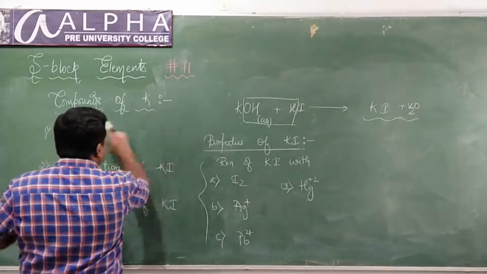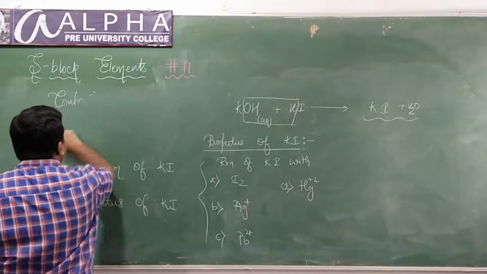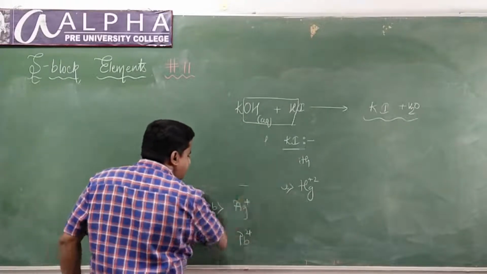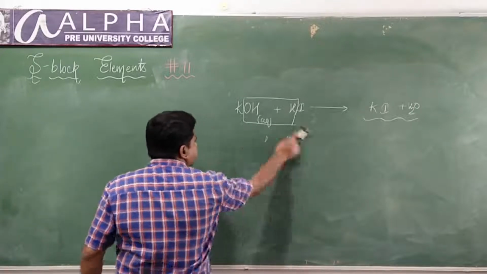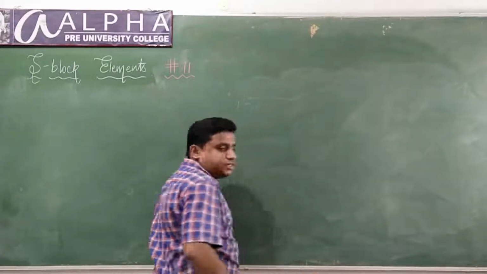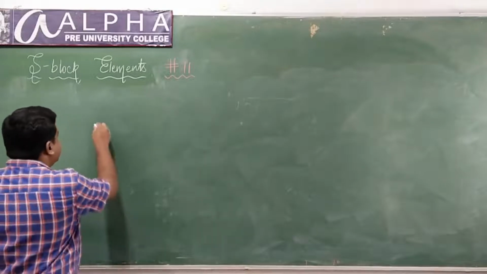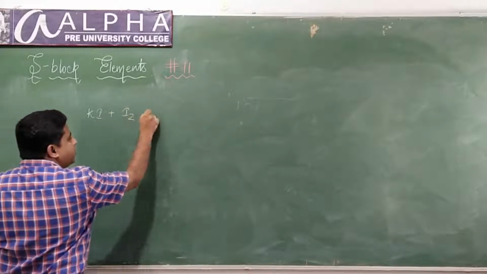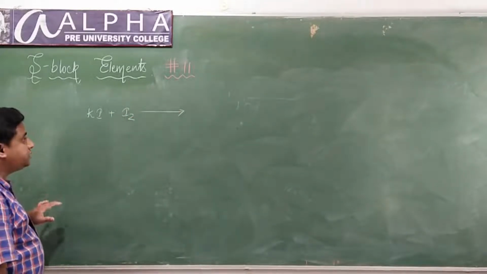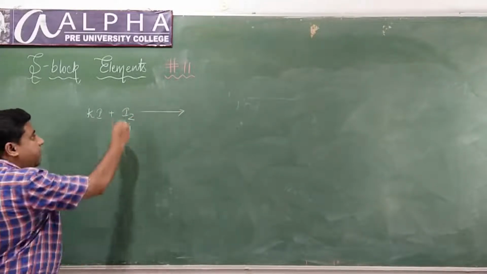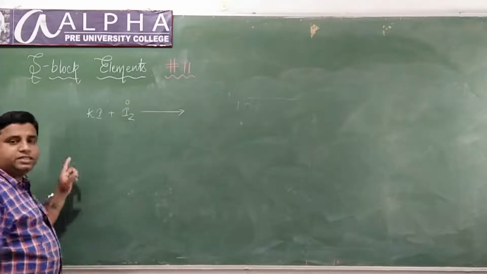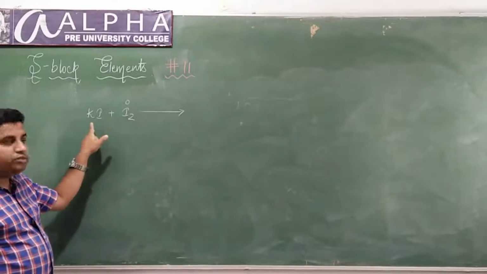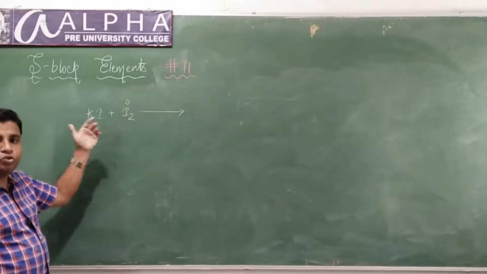First one, reaction with iodine. What happens when potassium iodide reacts with iodine? I have told you, if one of the elements is in zero oxidation state, then the reaction will obviously be a disproportionation reaction.